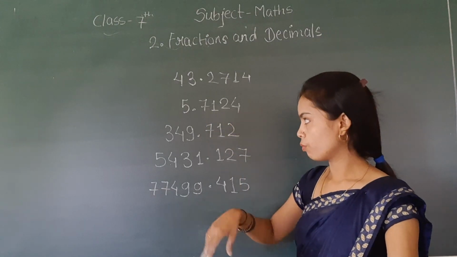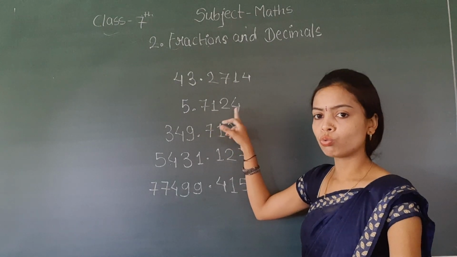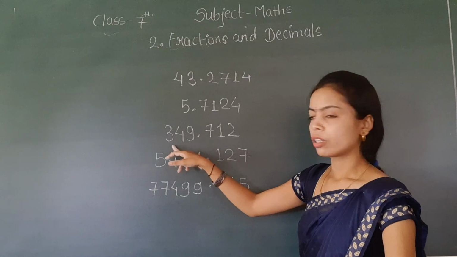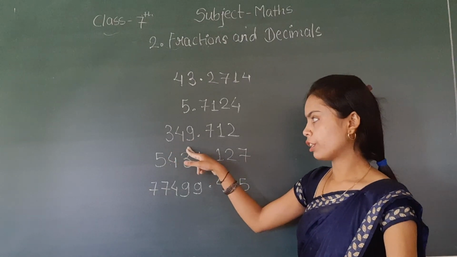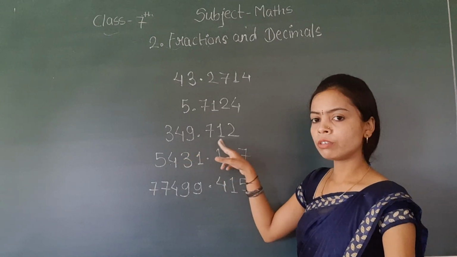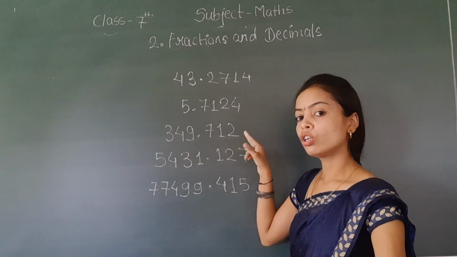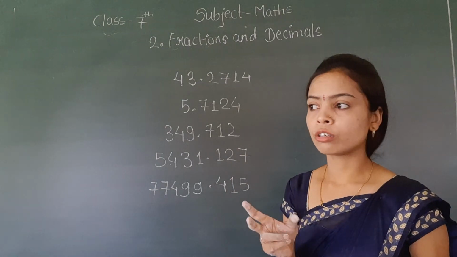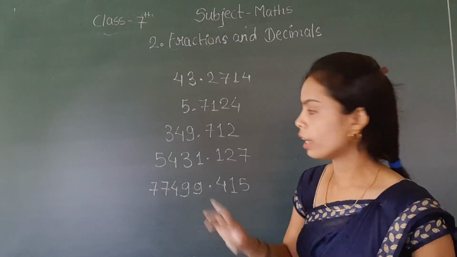Now the next number is 5.7124. Third number, 349.712. We read the left part as a number reading, but the right side we read individually.